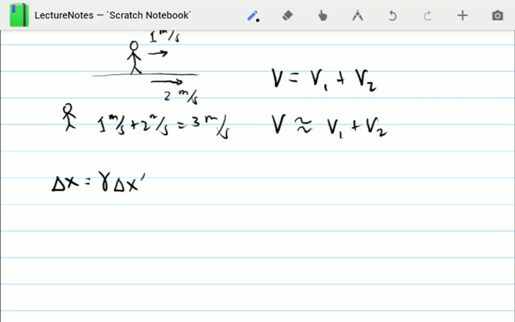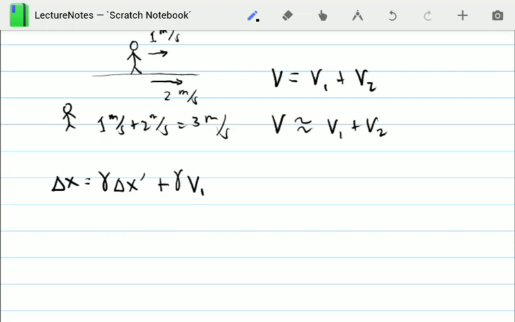So this is given by gamma delta x prime. Delta x is the displacement as observed by an observer in one reference frame, and delta x prime is as observed by another observer riding the moving platform in our example above. So delta x is gamma delta x prime plus gamma v1 delta t prime, where v1 is the velocity of the moving platform or rocket that you're riding.